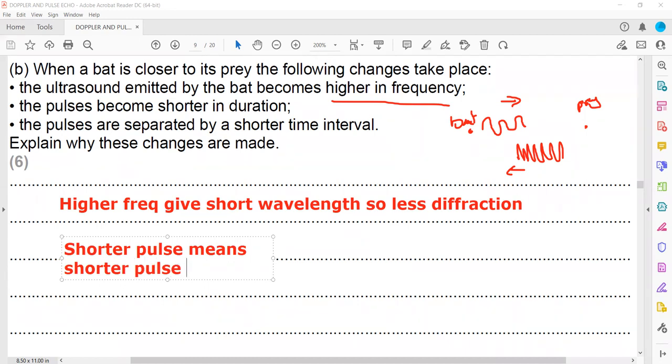And what is the advantage of using a shorter pulse? We can get a more detailed image, so it can locate the prey precisely or accurately.